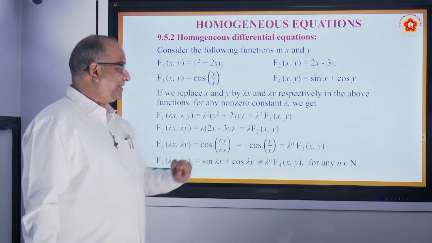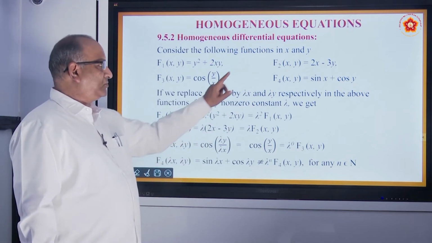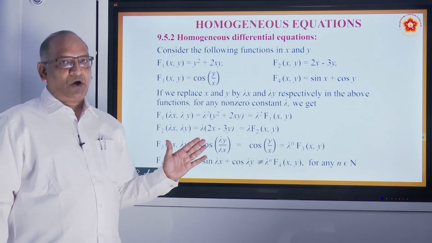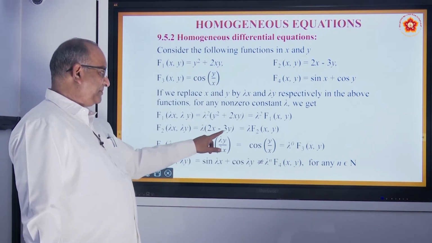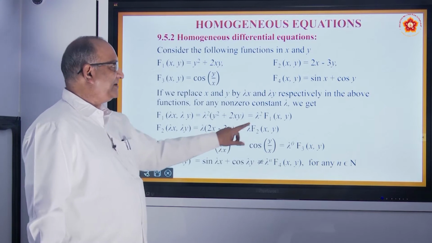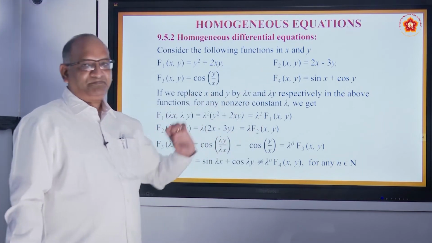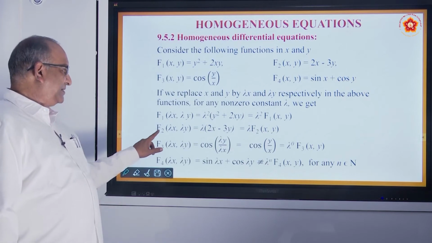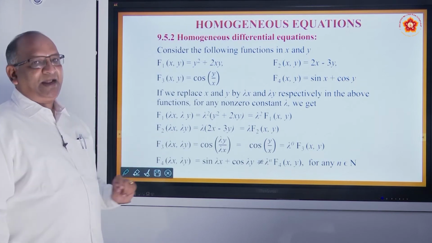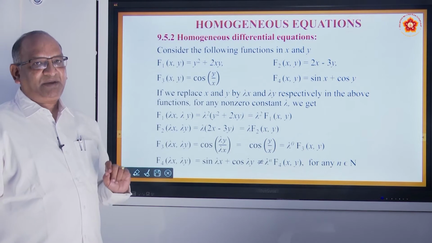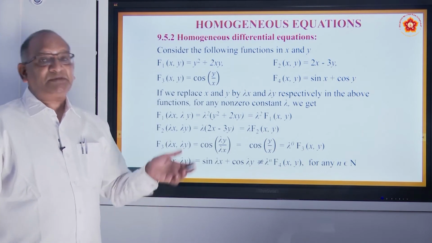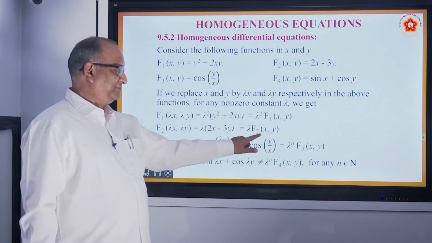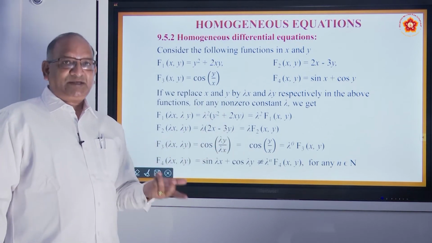What do you get? 2 lambda x minus 3 lambda y. You can take lambda common, and it will be 2x minus 3y, which is nothing but the given function. So once again, when we replace x and y with lambda x and lambda y, the function becomes lambda times f2(x,y). So it is homogeneous.